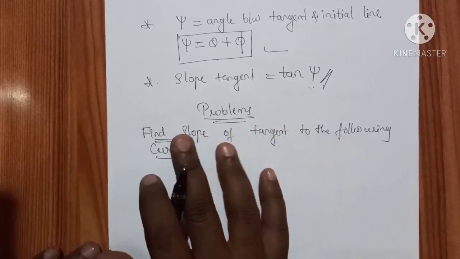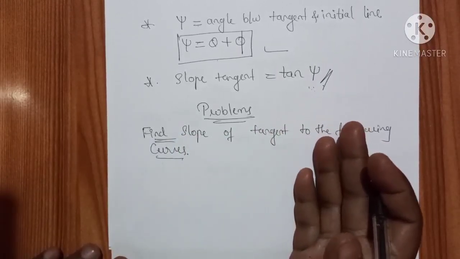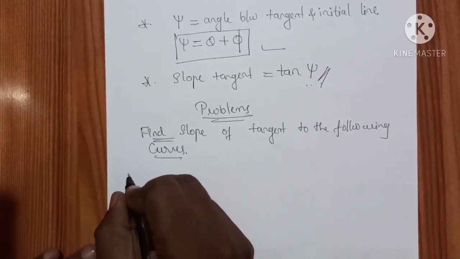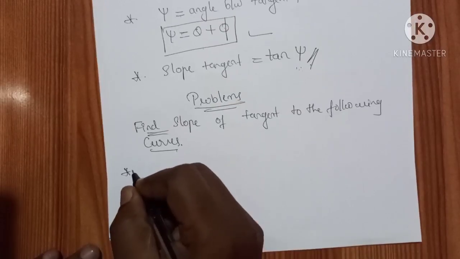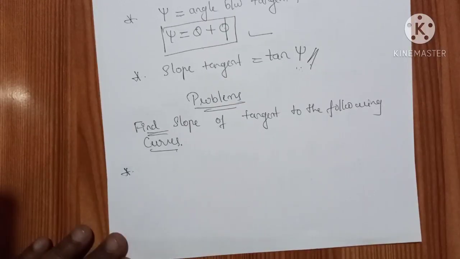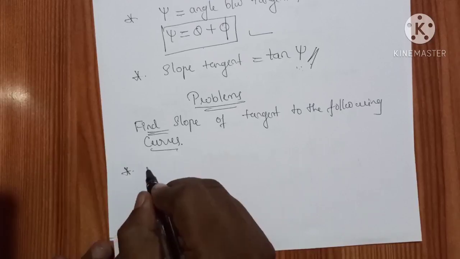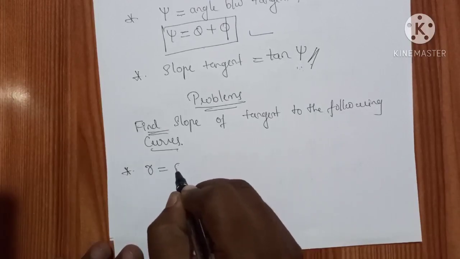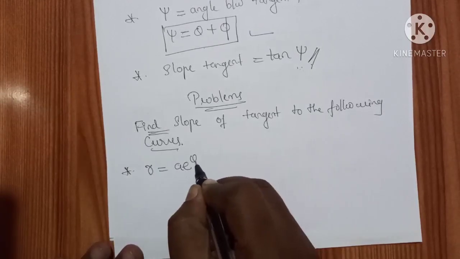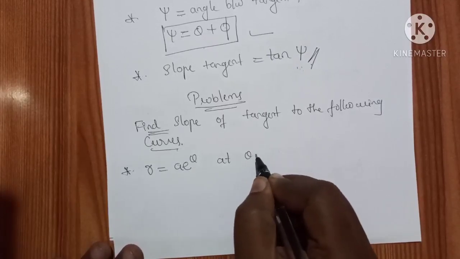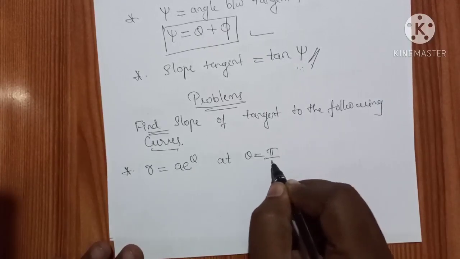For this also they may give the same curve. So first problem, r equals a into e raised to theta at theta equals pi by 4.